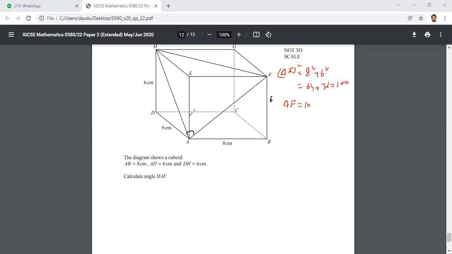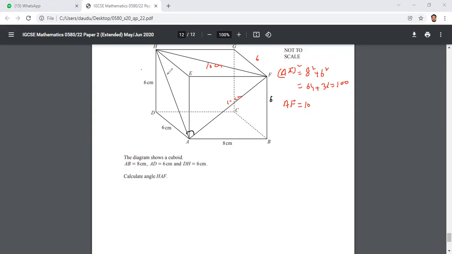And if I check HF, H and F, again this side is 6, and the other side is 8. So HF is also 6 and 8, that means you will get 10. This is 10 centimeter, this is 10 centimeter. We will see this one: both sides are 6, 6.